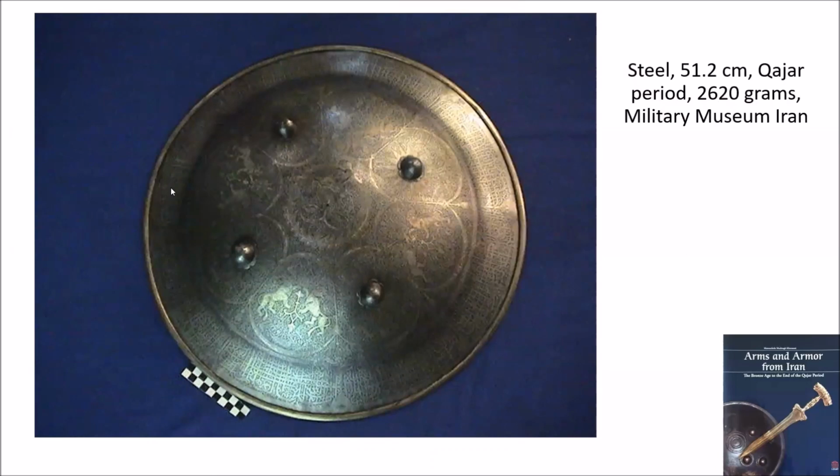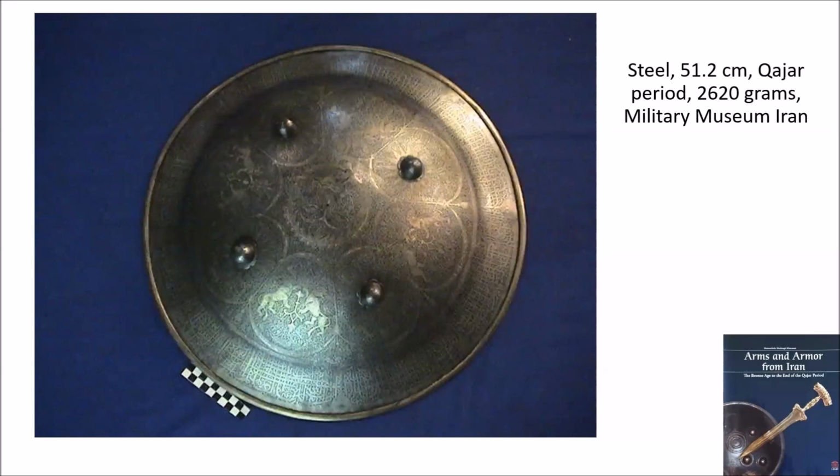The next shield, towards the end of the Qajar period, we started to decorate the shields with tizab, as they call it, etched. This is one of those etched ones, but not all etched ones are bad. This is a very good shield, but with an etched surface.